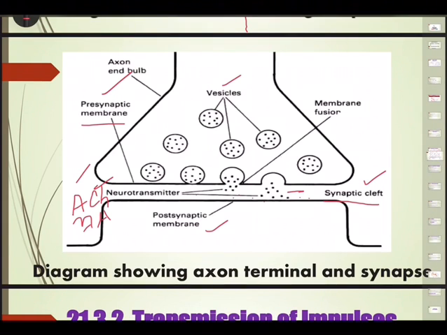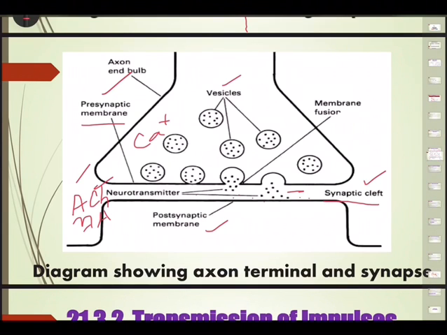When the impulse arrives at a presynaptic knob, calcium ions, Ca2+, as we were talking about yesterday, from the synaptic cleft enter the cytoplasm of the presynaptic knob.